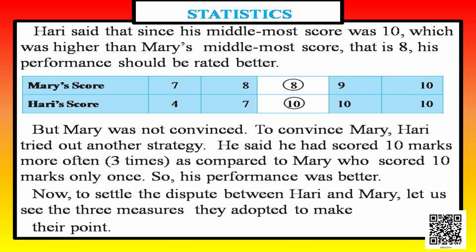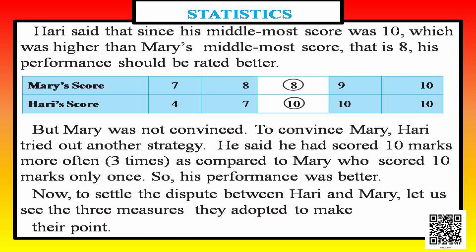But Mary was not convinced. To convince Mary, Hari tried another strategy. He said that he has scored 10 marks more often, that is 3 times, as compared to Mary, who scored 10 marks only once. So his performance was better.